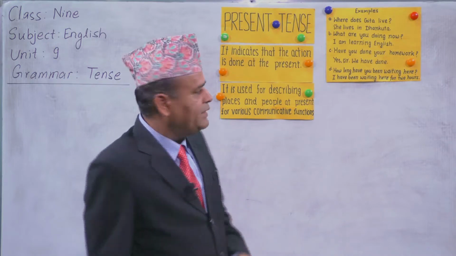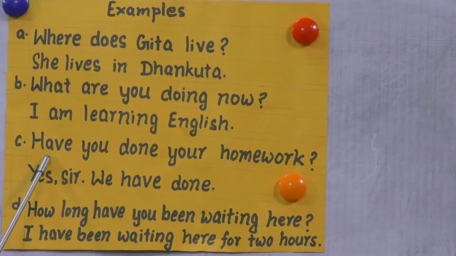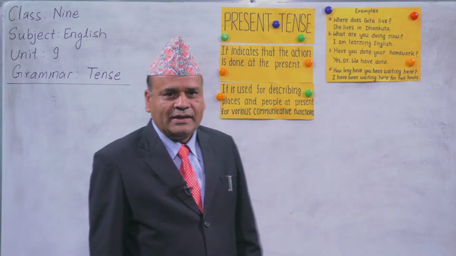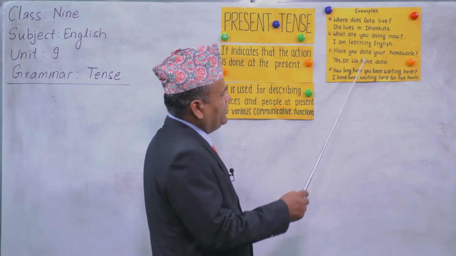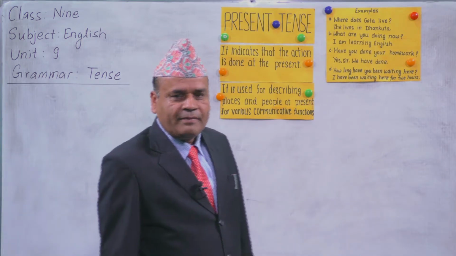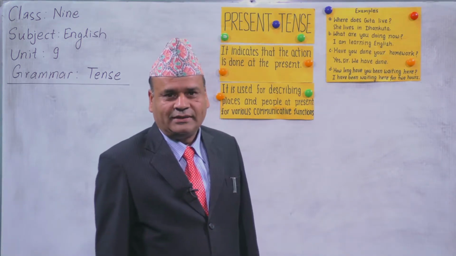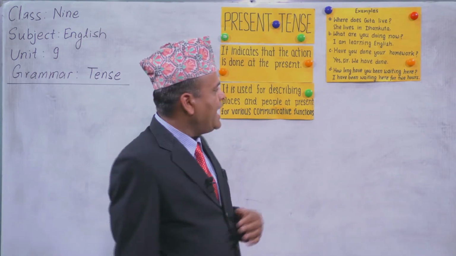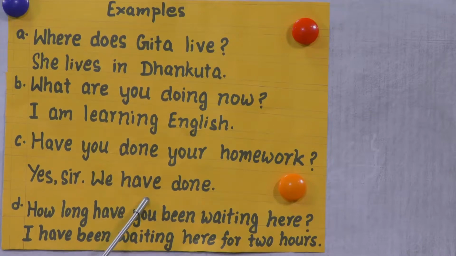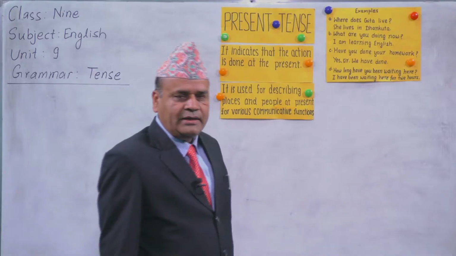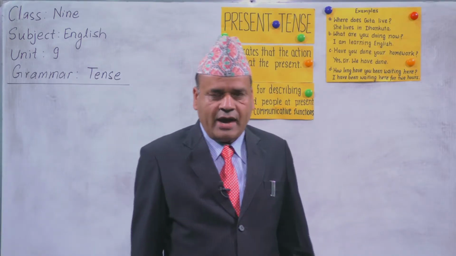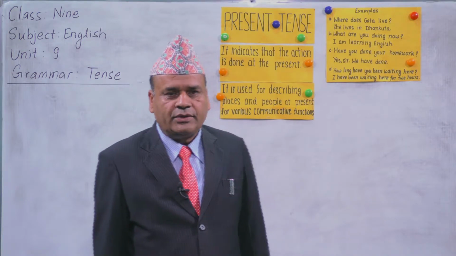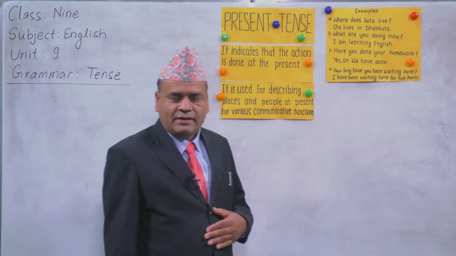In perfect tense, you can see has or have and the past participle form of the verb. Alright? So have and done, this is also present, but this is present perfect. Okay? So the question is, have you done your homework? And the answer is, yes sir, we have done. Right? Or yes sir, we have done our homework. So we find the answer in the same tense.